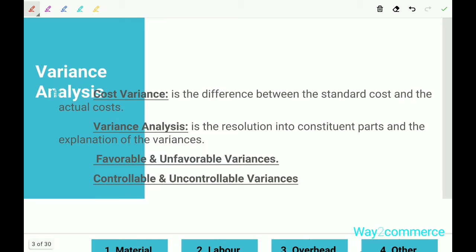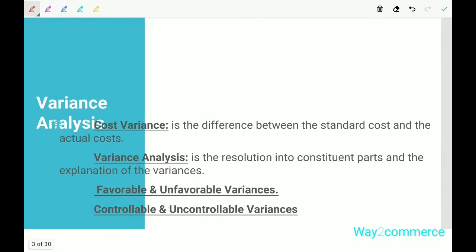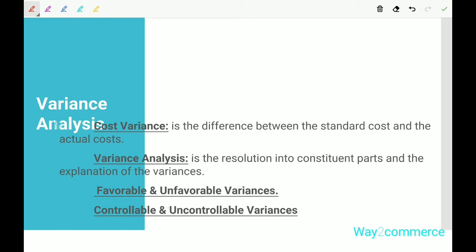Next, variance analysis. First of all, discuss cost variance. What is the cost variance? Cost variance is the difference between the standard cost and actual cost. For example, you want to buy a pen.